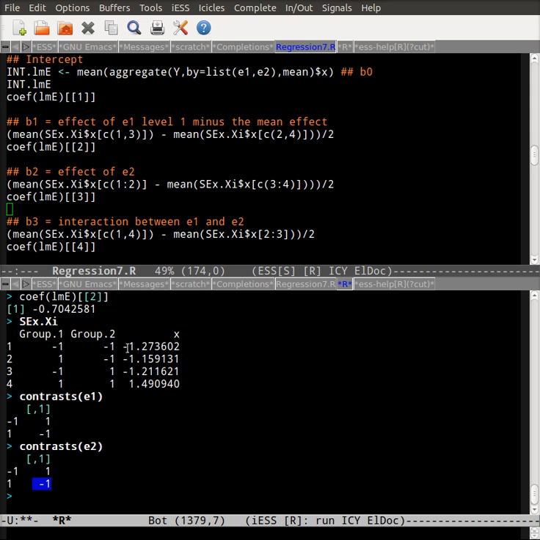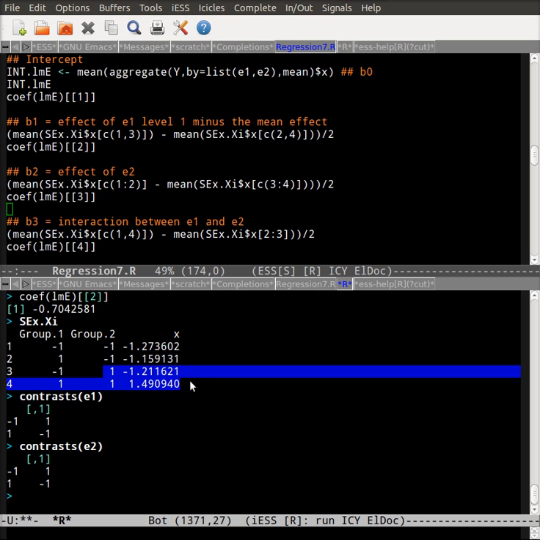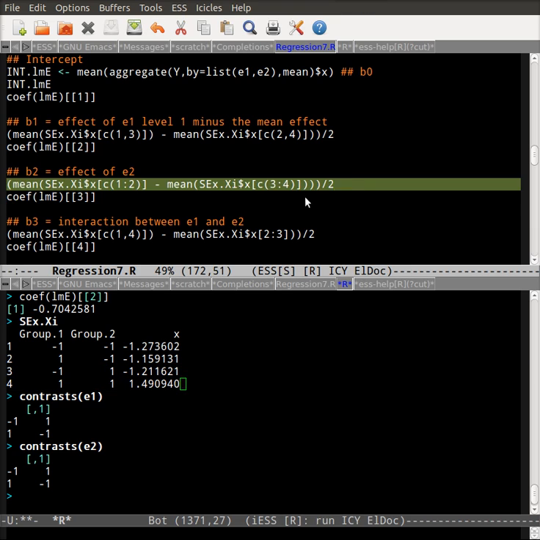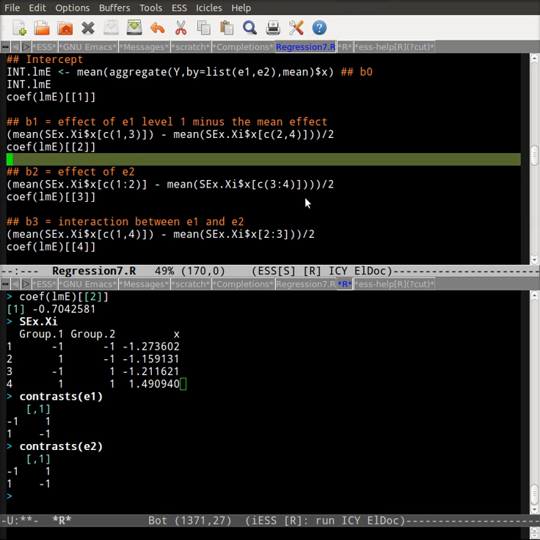Okay, so for our E2 effect, what it's going to be is we're going to have this mean and this mean, and it's the mean of these two values, subtract out the mean of these two values. Okay, and when we do that, we divide it by 2, and we get the coefficient for B2.